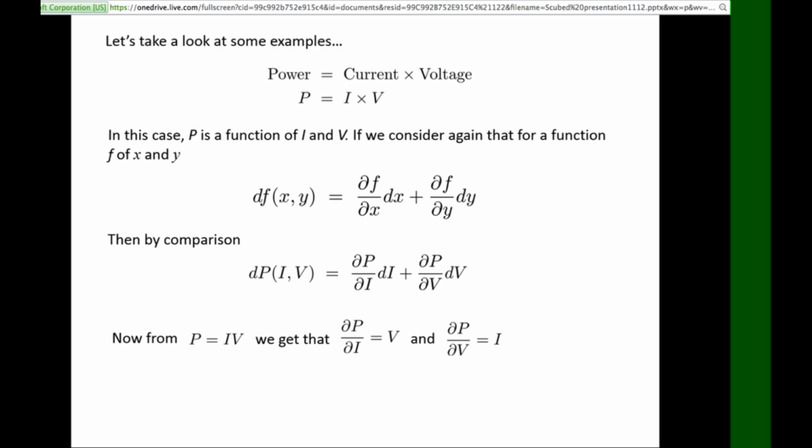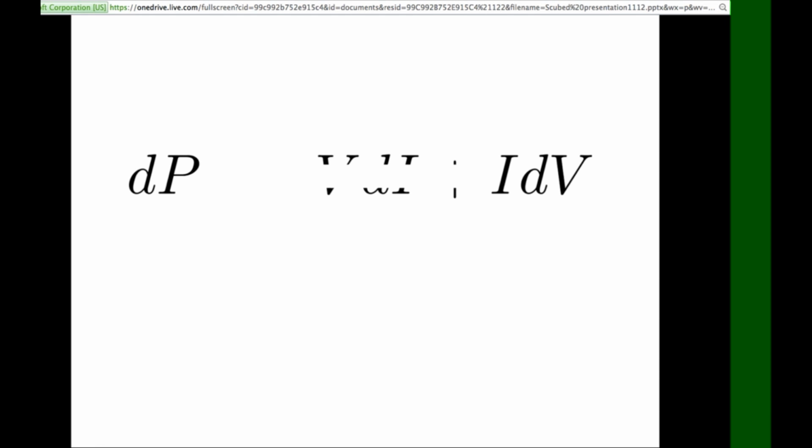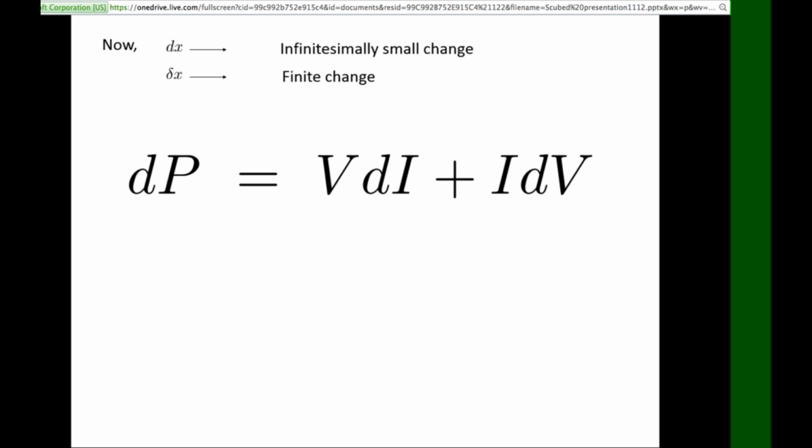Now, from P equals IV, we can calculate partial P by partial I, which is partial differentiation, and it gives V, and partial P by partial V, which again is simple partial differentiation, and it gives I. So, substituting in our equation, we get dP is equal to V dI plus I dV. And this is what we get.